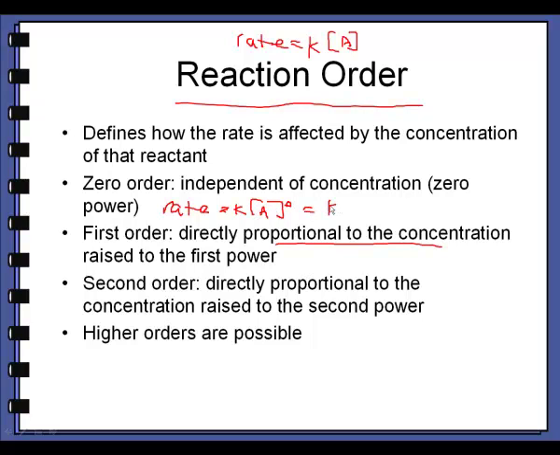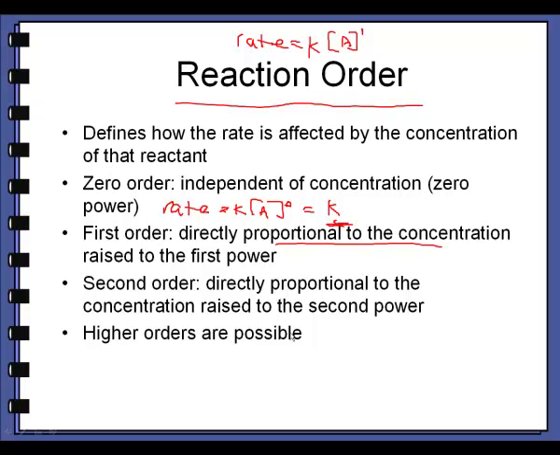That means that the rate would just equal k. For zero order reactions, it doesn't matter what the concentration is because the rate will just be whatever k is. Now this is different than first order. I didn't write the 1, but this is really to the first power, which basically means that the rate is directly proportional to not only the value of k, but also to the concentration.